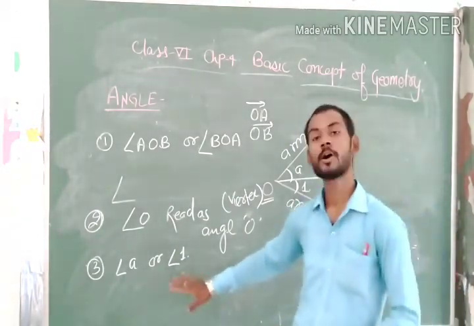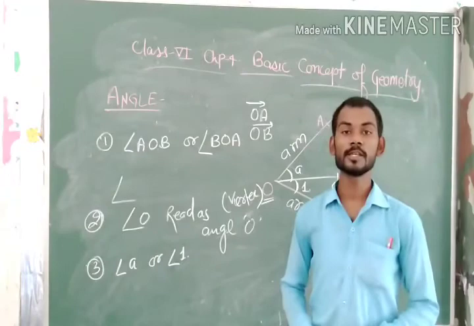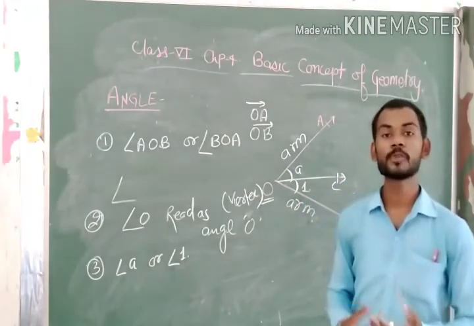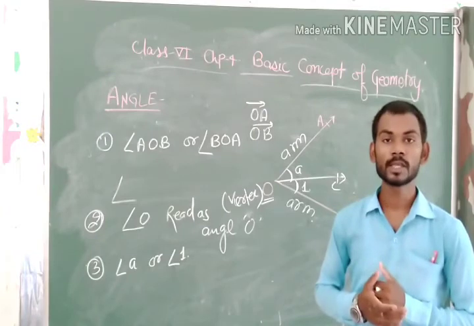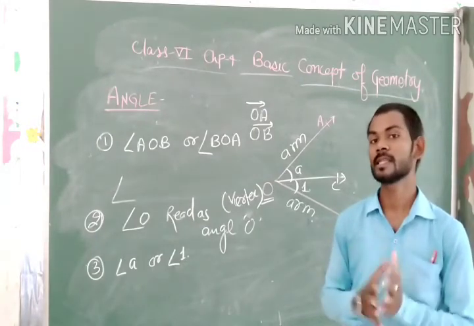This third rule is very useful to give the name of angles formed by concurrent lines.